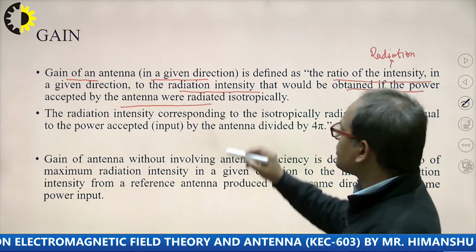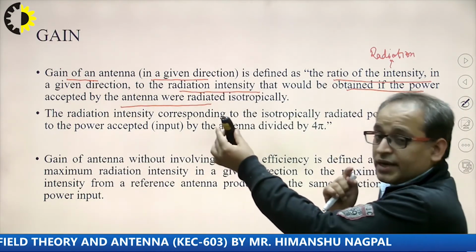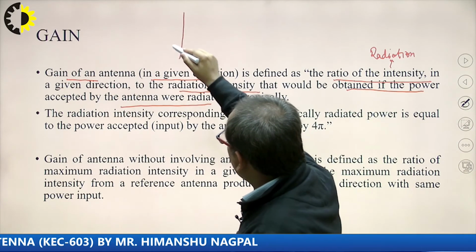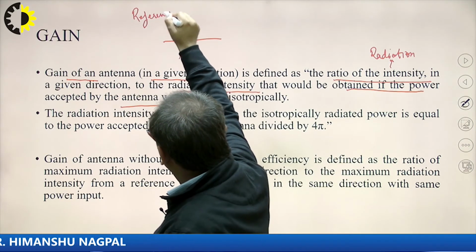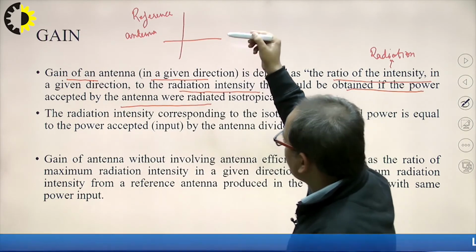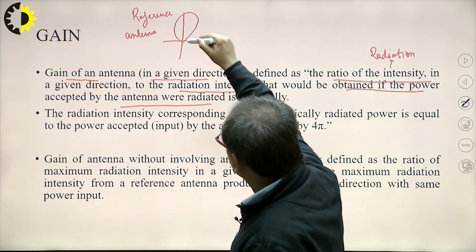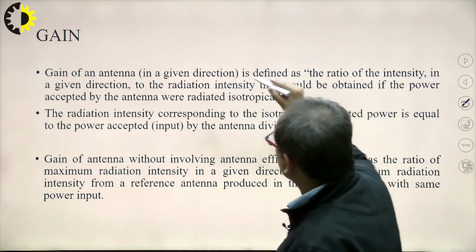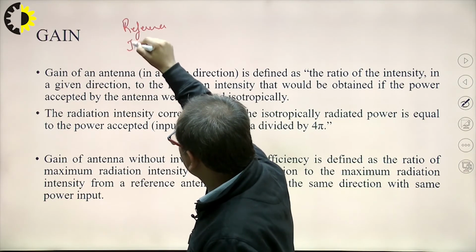Means if I want to calculate the gain of this antenna, let's say I have some reference antenna, and this reference antenna is isotropic.